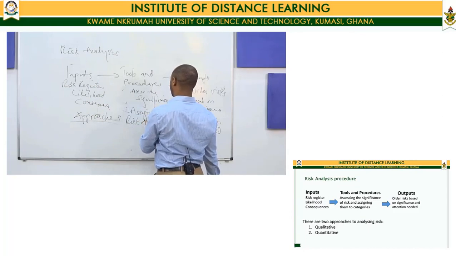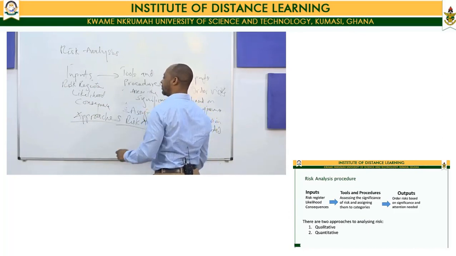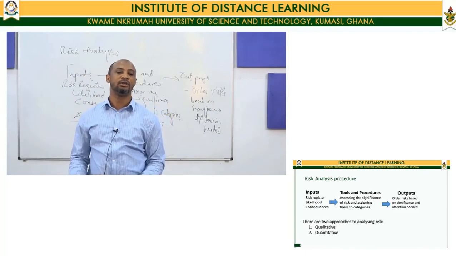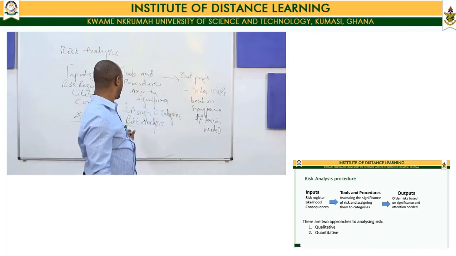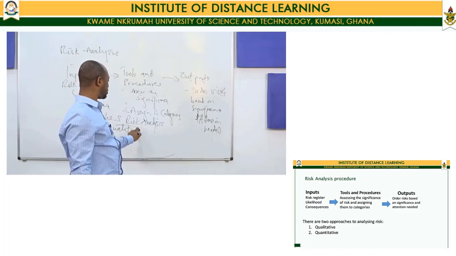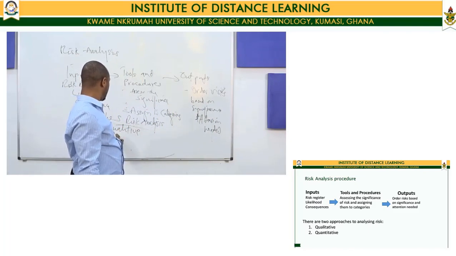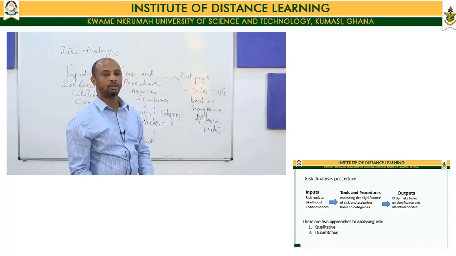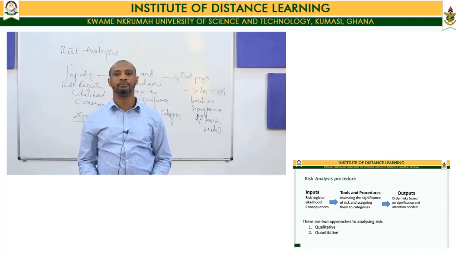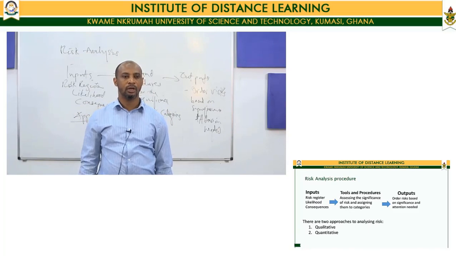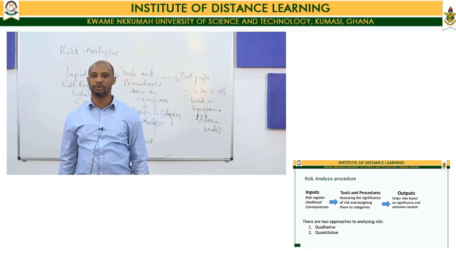In fact, these same approaches can be approaches for data analysis in research. These are generic. We have qualitative, that is based on intuition and soft factors, and quantitative, that is based on numerical data or numerical factors.